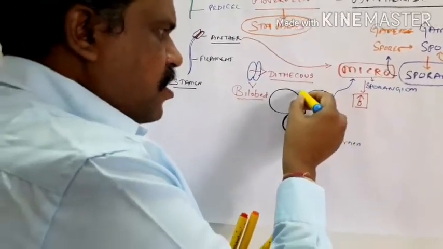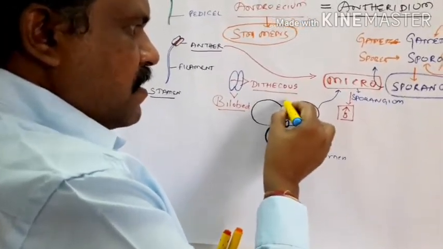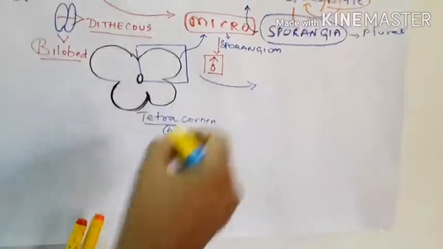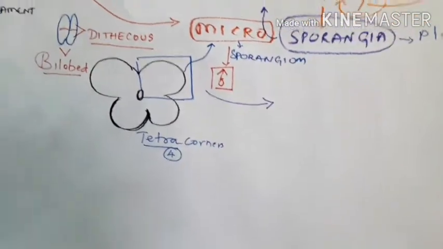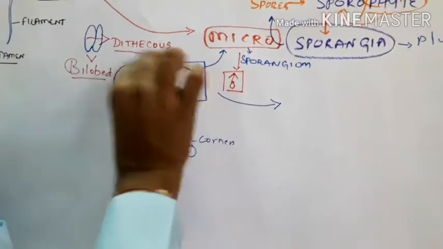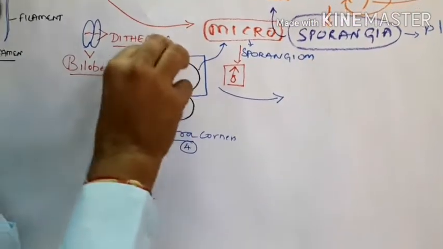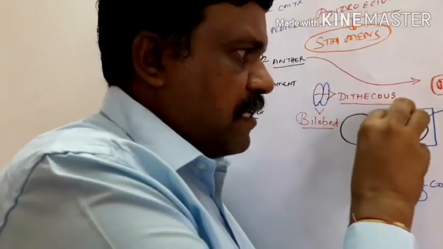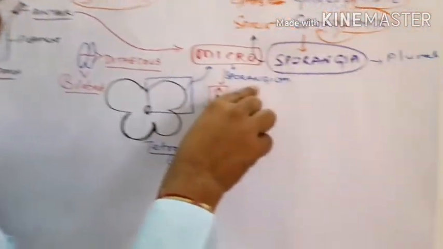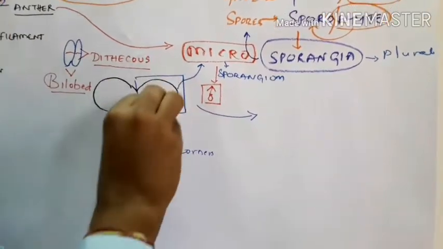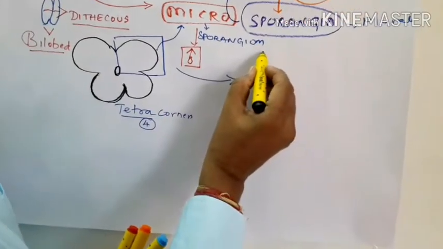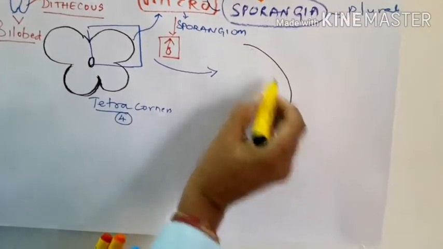And each part of this, each theca, is what is called a theca. If you study each part of this, it has four parts. What are the four parts? The outermost part, children, is like this.